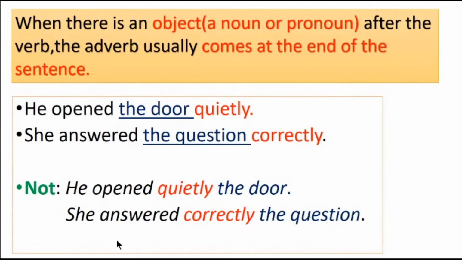But don't say, he opened quietly the door. Incorrect. Or, she answered correctly the question. Incorrect. So when you have an object, a noun like the door, the question, or a pronoun, the adverb is at the end of the sentence. Be careful with that.